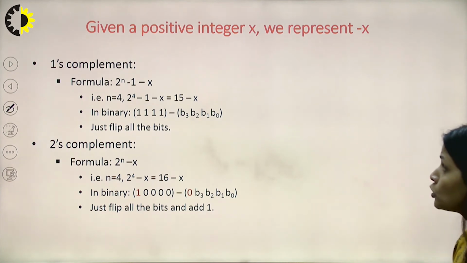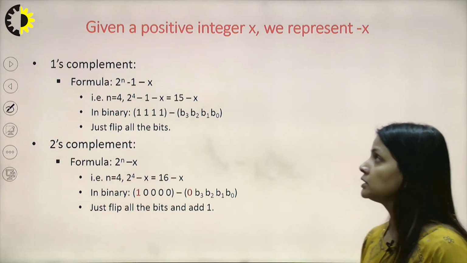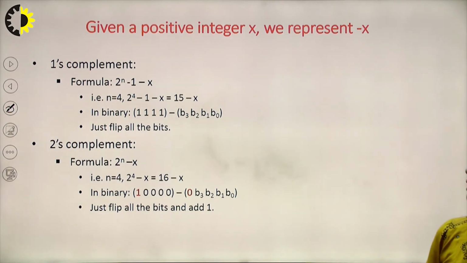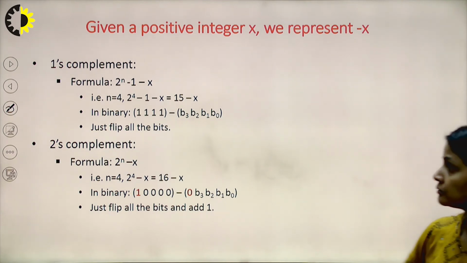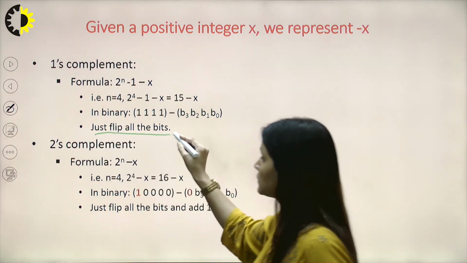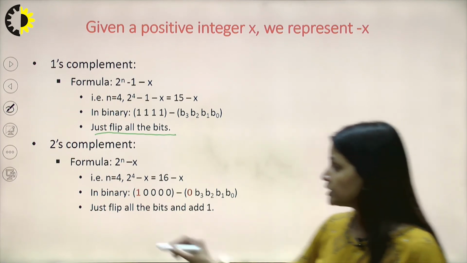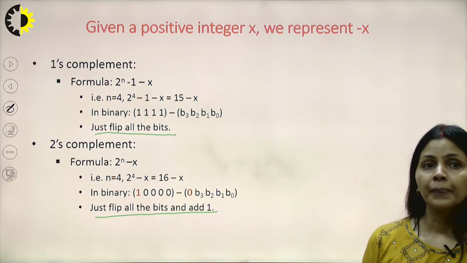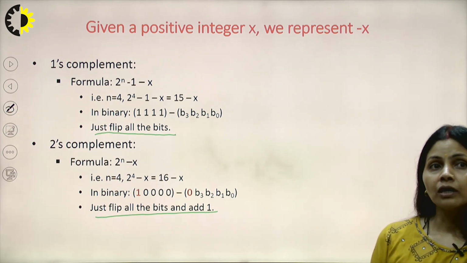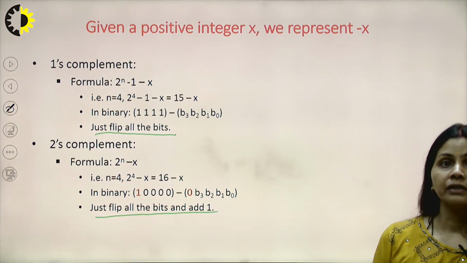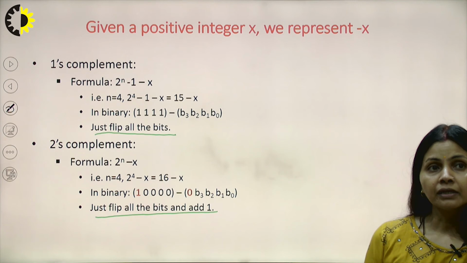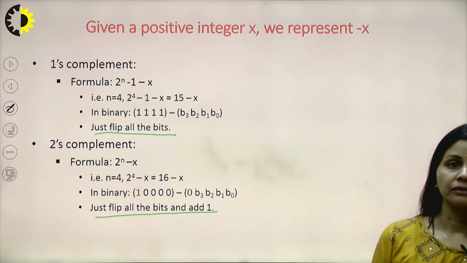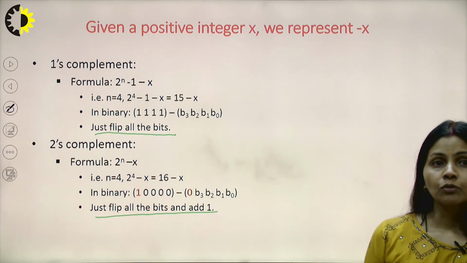The rule is: flipping the bits for the 1's complement, and flipping the bits and adding 1 for the 2's complement. So the formula for the 1's complement is flipping, and for the 2's complement is flipping and adding 1.